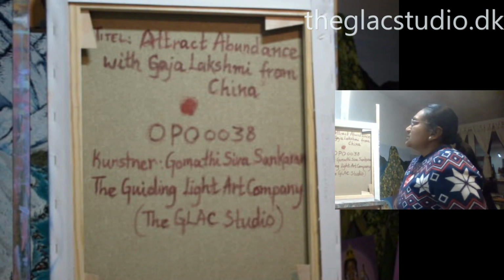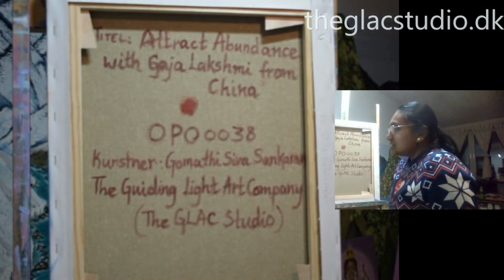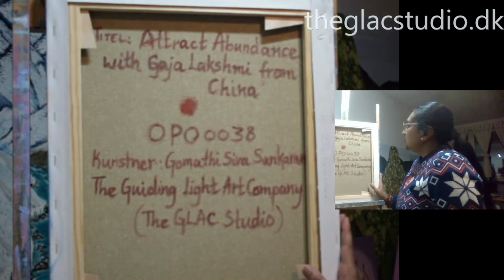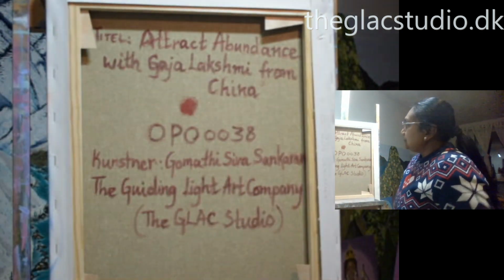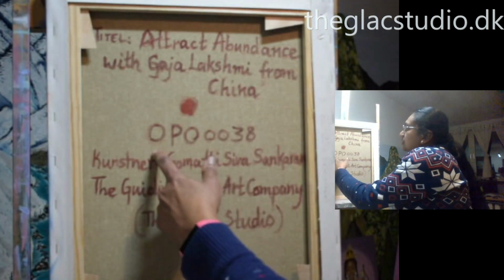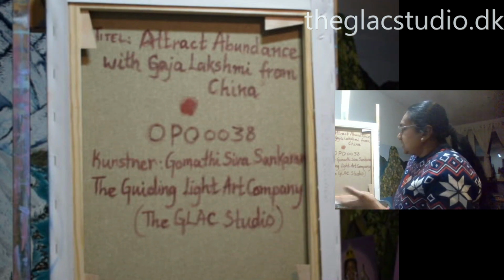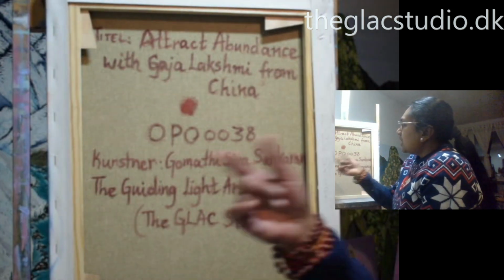So it's Attract Abundance series paintings, and I have put the name of this particular Lakshmi, that is Gajalakshmi from China. That's the name, and the original oil painting original code 38 is also running.